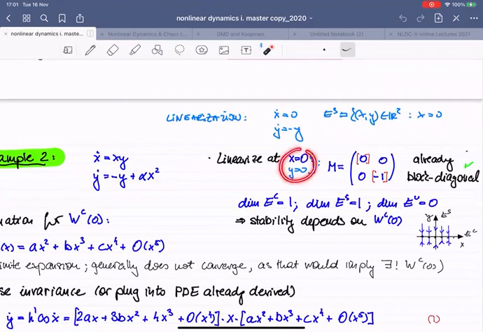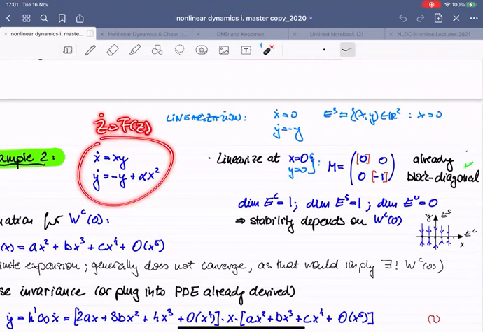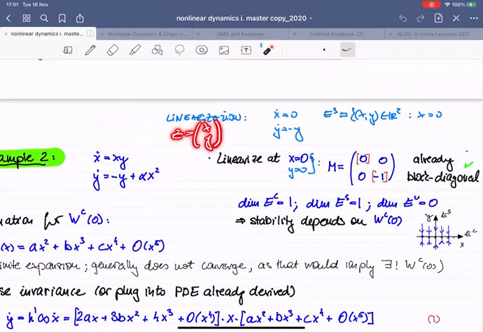So I linearize there. This is like our proverbial z dot equals f(z) equation. Remember that is what we started out with. And in this case, z is (x, y). So I linearize there, which means I take the Jacobian. So I need to look at the first equation. I take the x derivative at 0, which will be just y.